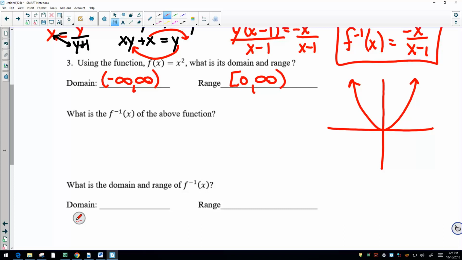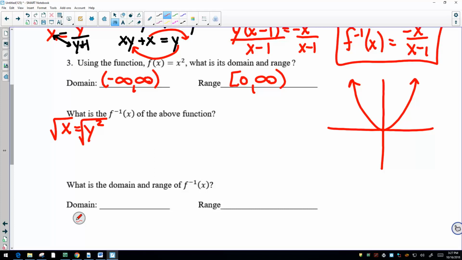Okay, so now we have to find the inverse of x squared. So if we think of our steps, switch the x and y, solve for y. So I'm going to switch the x and y, and now we're going to solve for y. So I have to think, to undo a square, we would square root each side.